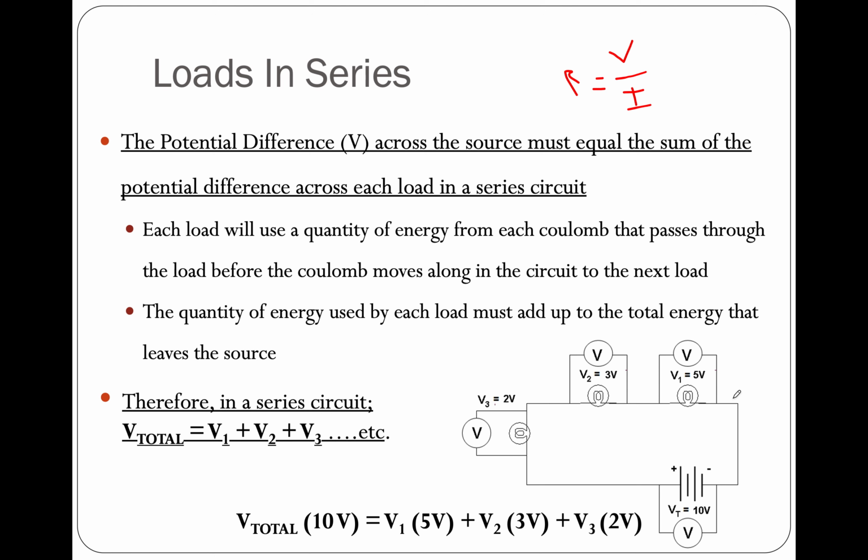If I gave you a series circuit and told you the total voltage and two voltages of the loads, asked you to find the voltage here, I could also say what's the current of this bulb. And if I gave you the resistance of that bulb, you would find the voltage by 10 minus 3 minus 2 to get this, and then you could use Ohm's law to calculate the current for that bulb, right?